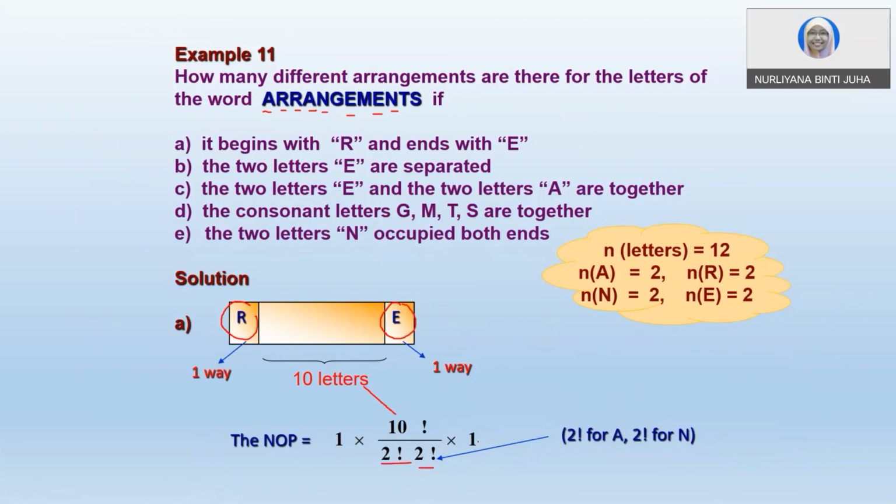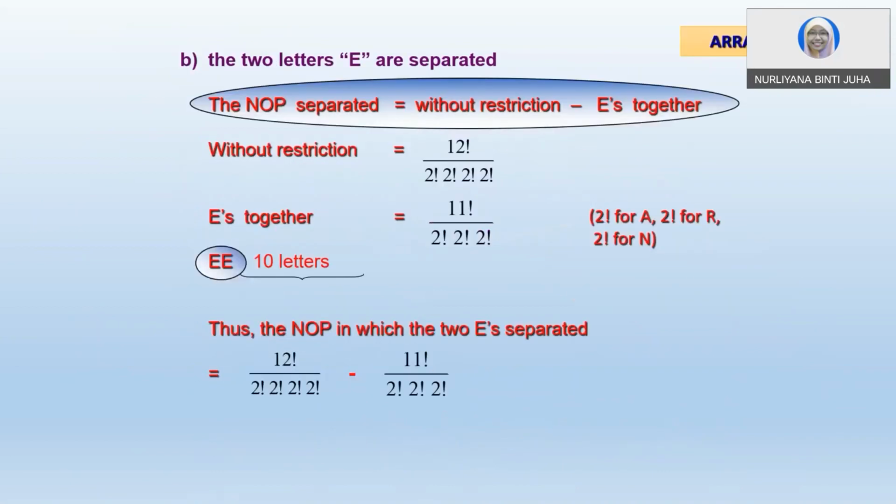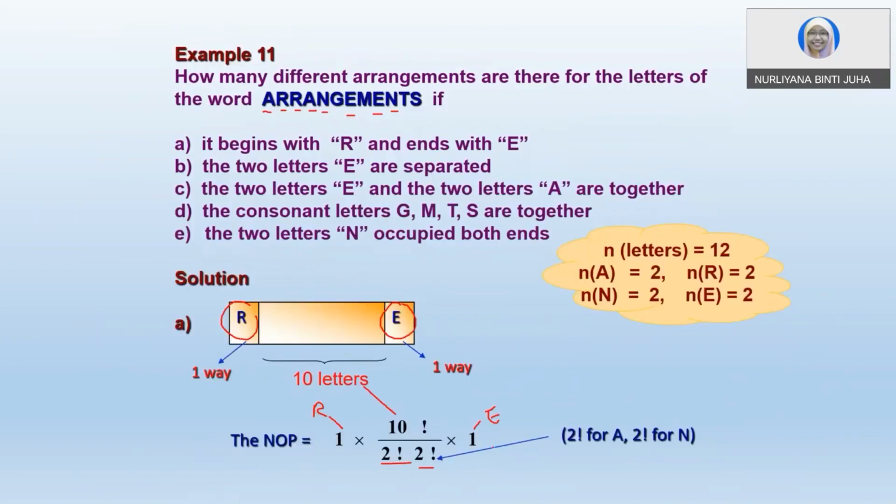And multiply with, again, 1. 1 is for E. Okay. This is for R. And this whole thing, semua ni untuk yang tengah-tengah. Dia ada 10 letters. Okay, so you get the answer lah. Ni dah boleh tekan calculator.